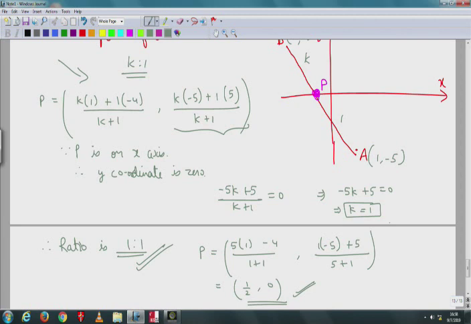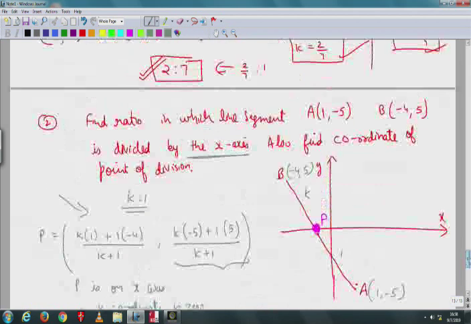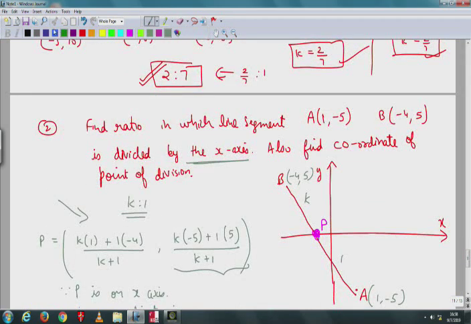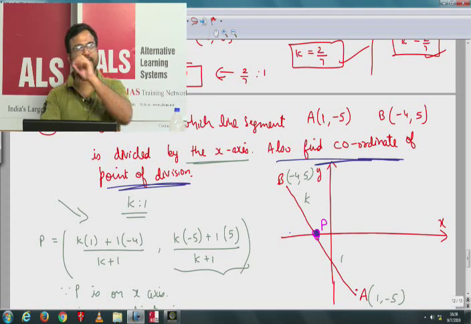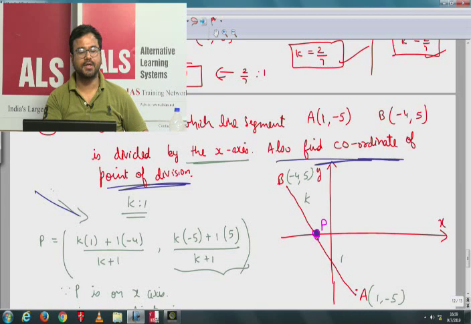Okay. The second part of the question says, also find the coordinate of the point of division. That point which is dividing this line segment, which is the point P over here, we have to find the coordinate of point P. You know that P is lying on the x-axis, so its y coordinate is definitely 0. Only we have to find the x coordinate. We have already written the coordinates of point P in terms of k.